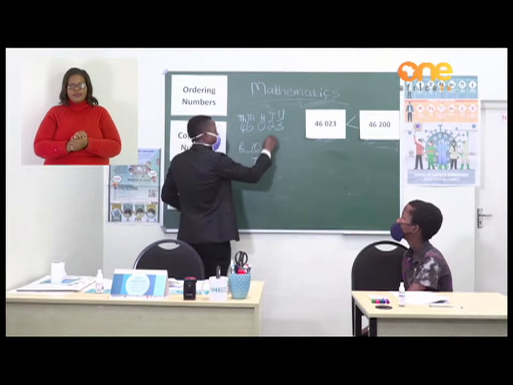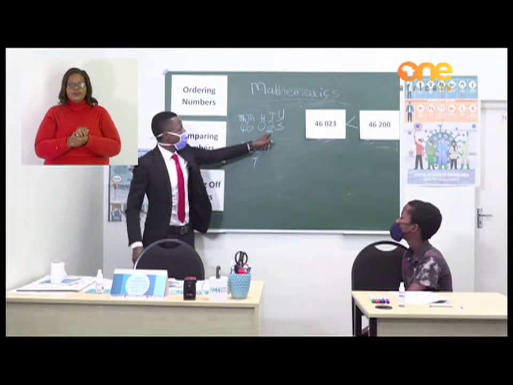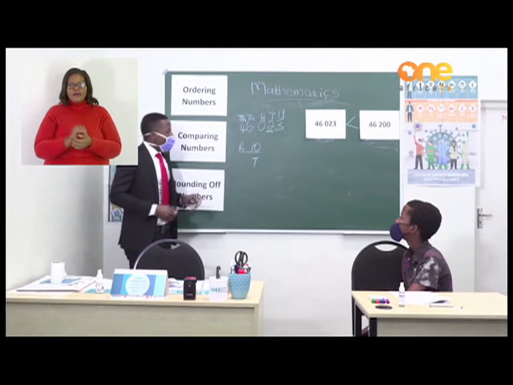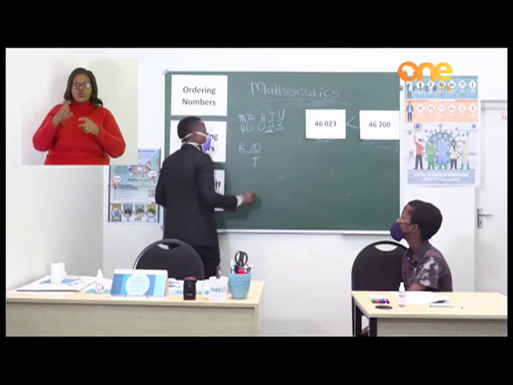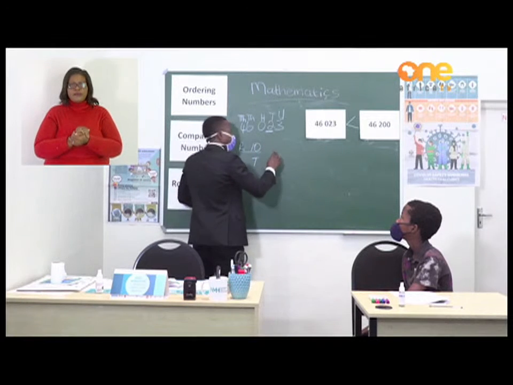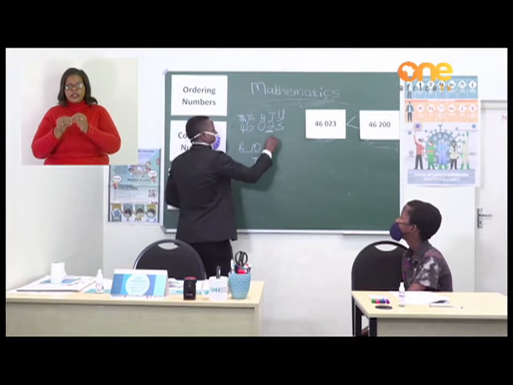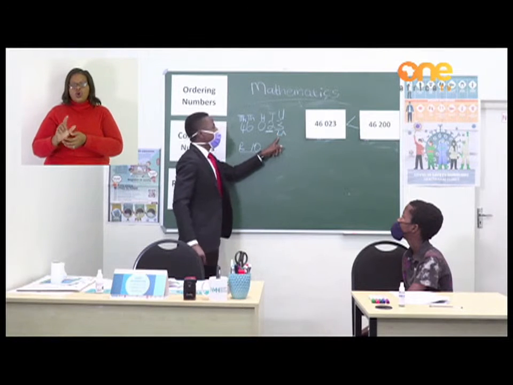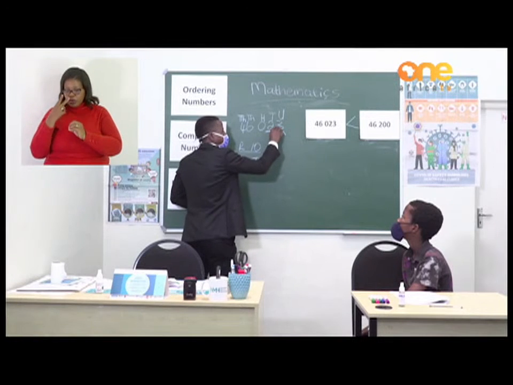So the number we are rounding off will be 2, which is in the position of tens. Now, you need to understand one thing. If you are rounding off 2, there is a number that you need to look at. The number you need to look at is the next number to your right.